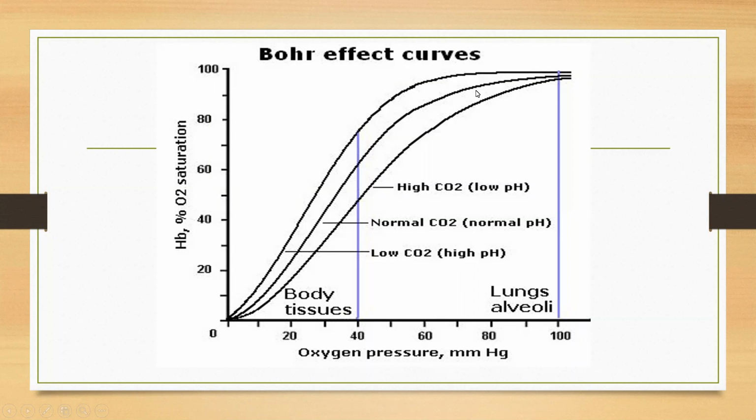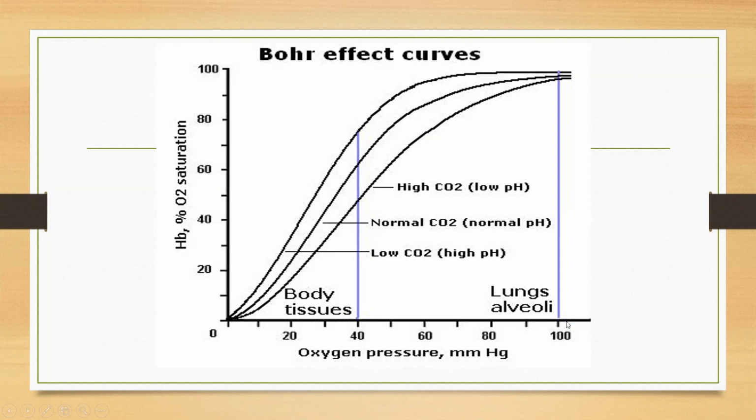As we studied, 100% saturation occurs in the lung alveoli. When the partial pressure of oxygen is 100 mmHg, 100% saturation is possible. If we draw a line here, it meets 100 mmHg.